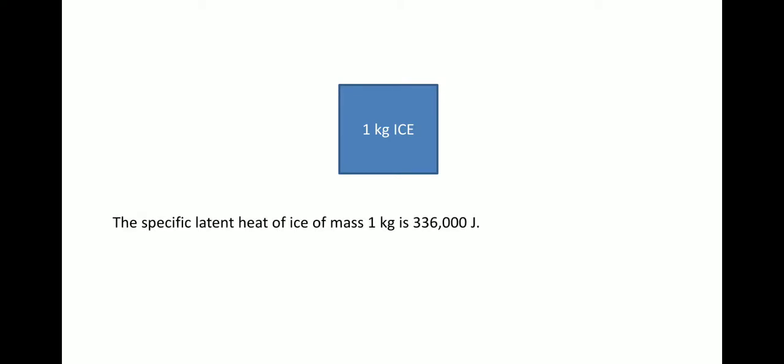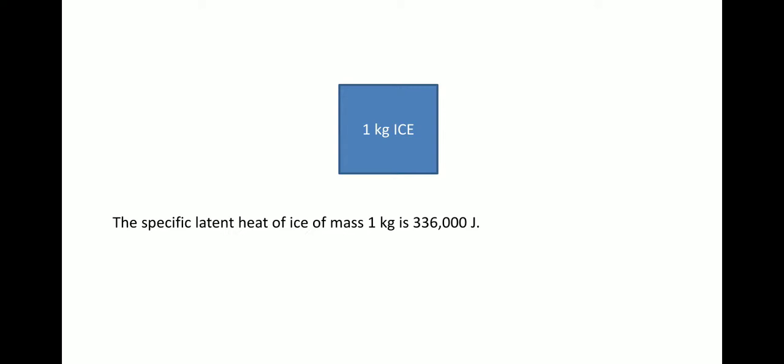Now let's understand it for the case of ice. Let's say that there is ice of mass 1 kg. Then the specific latent heat of this ice, that means the amount of heat energy required to melt 1 kg of ice completely at 0 degrees Celsius, will be 336,000 joules.